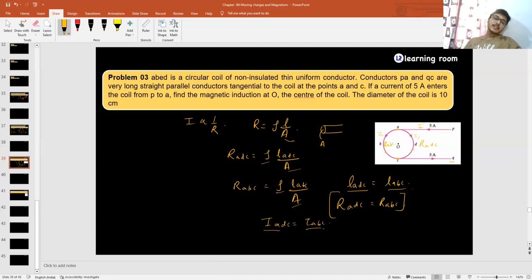Right. So if IABC is equals to IADC, we need to find the magnetic field. Magnetic field, we know that magnetic field B is mu naught I upon 2r. And you know, this is for a circle, isn't it? This is for whole circle. So what will be the magnetic field for a particular semicircle at the center here?